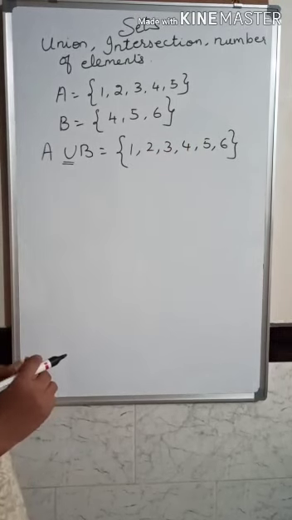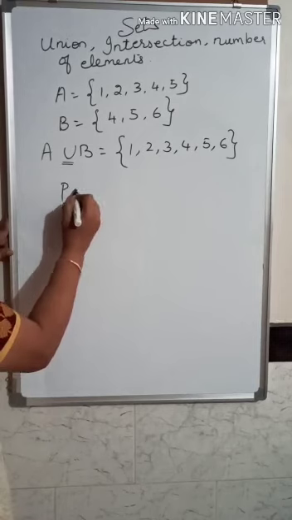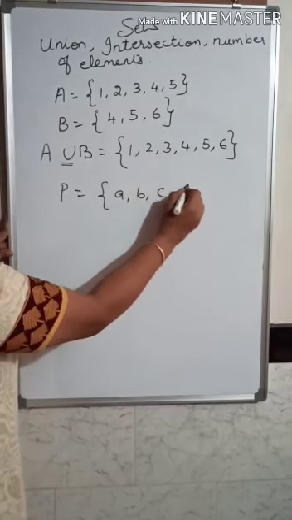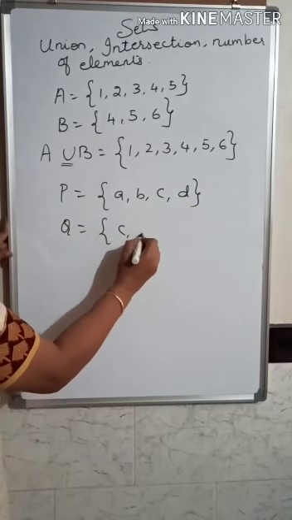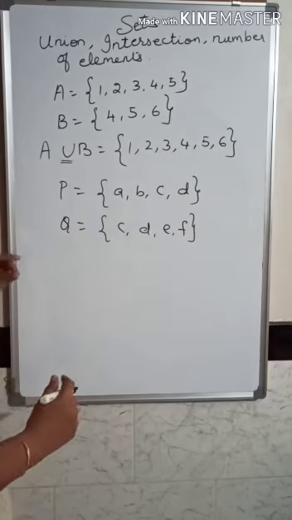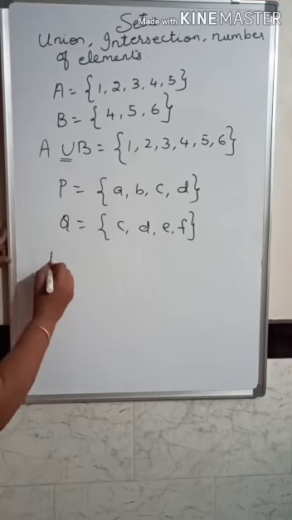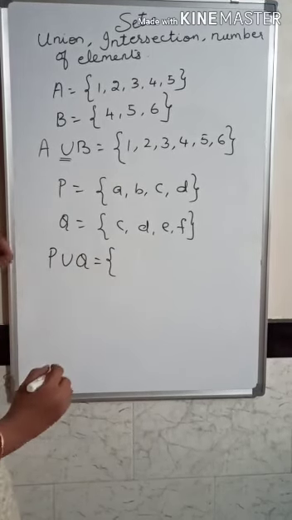Now to understand it more clearly, I'll take one more example. I'll consider set P = {A, B, C, D} and set Q = {C, D, E, F}. Now to find the union of P and Q, write down all the elements of P and Q without repetition.